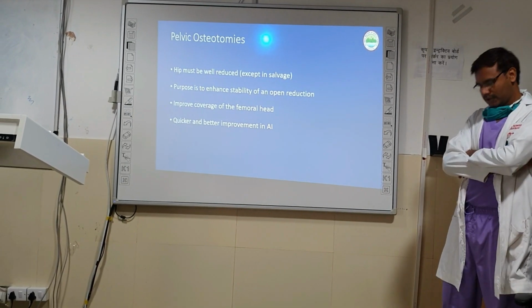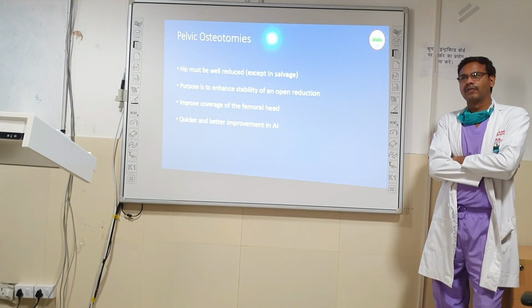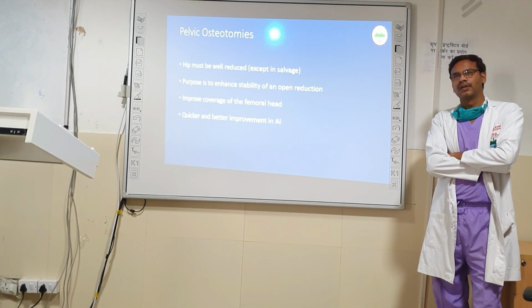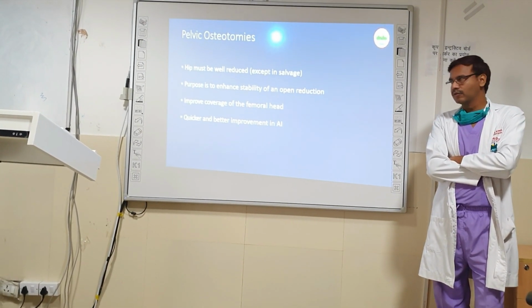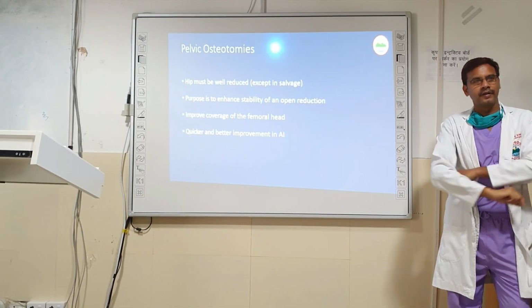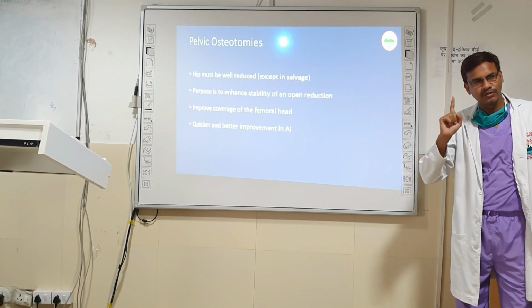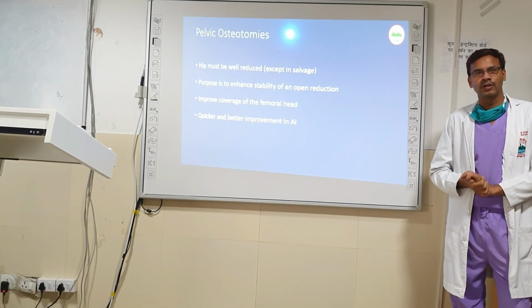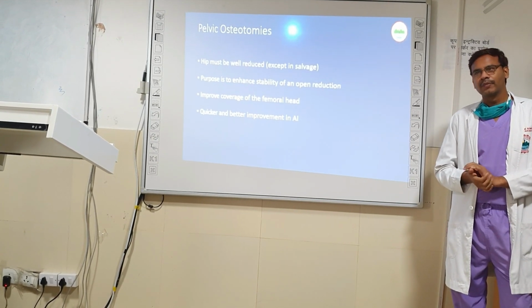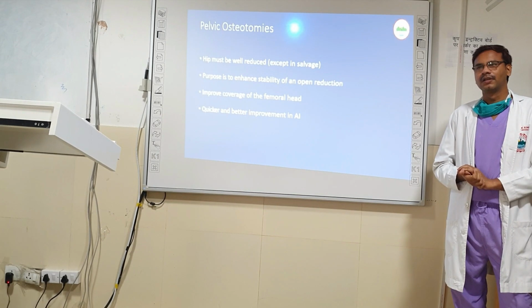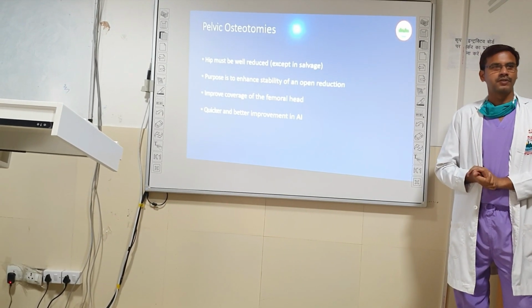Now, what are the important points to remember when you are trying to do pelvic osteotomy or you think that it is necessary? The first point is hip must be well reduced. Never ever try to do pelvic osteotomy without reducing the hip. You may be in trouble. What happens is, if you are doing this Dega or the Pemberton, they are volume reducing osteotomies.